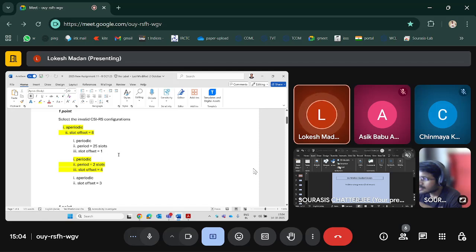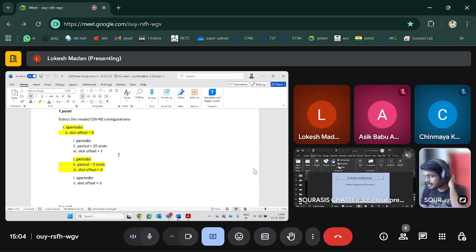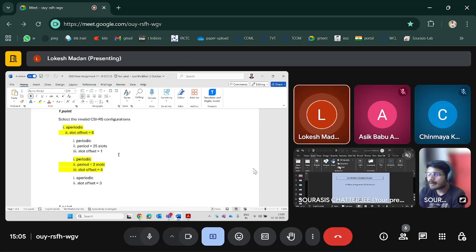Then why should this be invalid? If we get some insight, it will be useful for the exam also. When I went through the lecture, my understanding is that the period has to be between 4 and 640, so 25 is between 4 and 640.